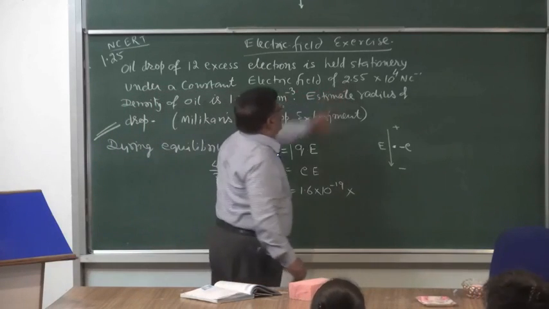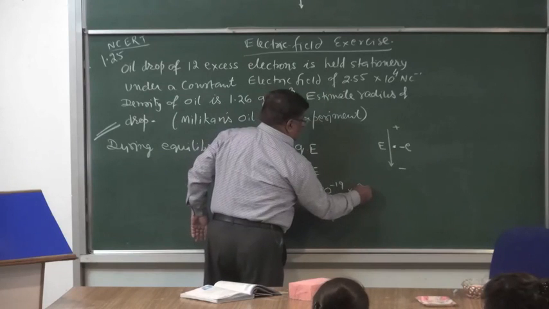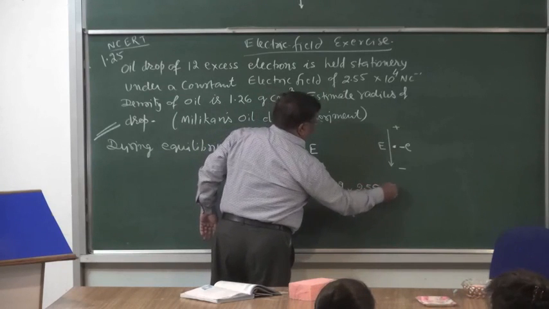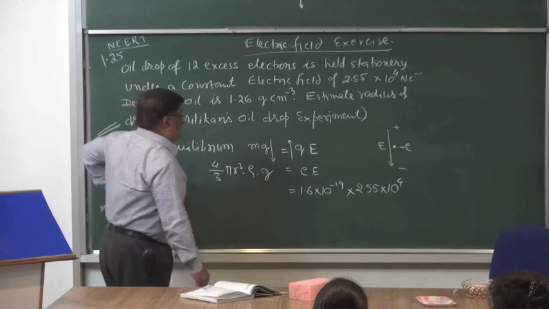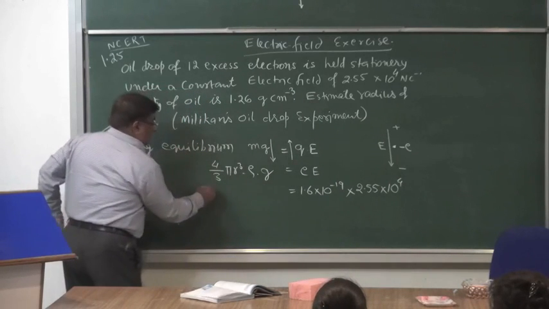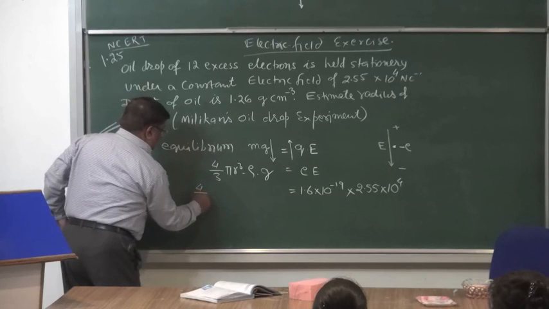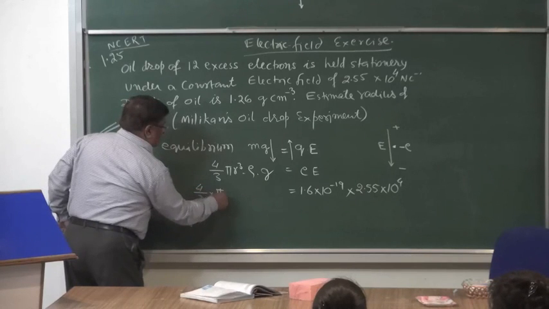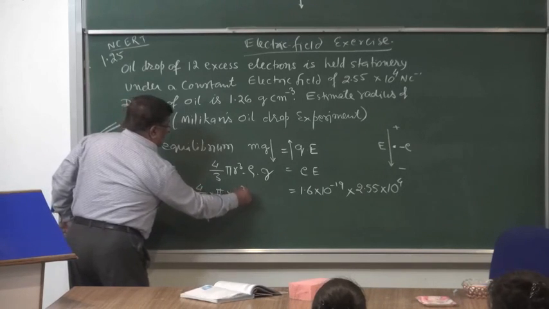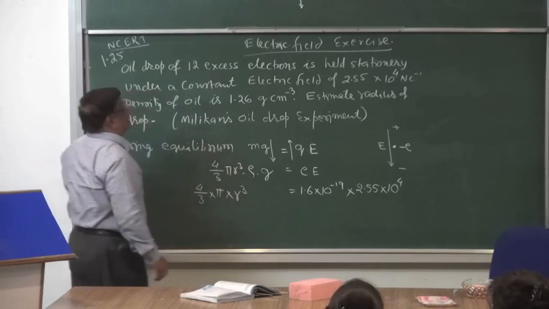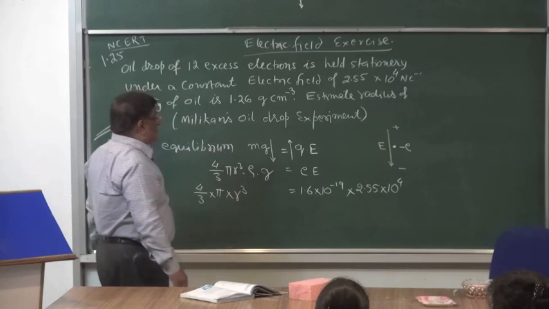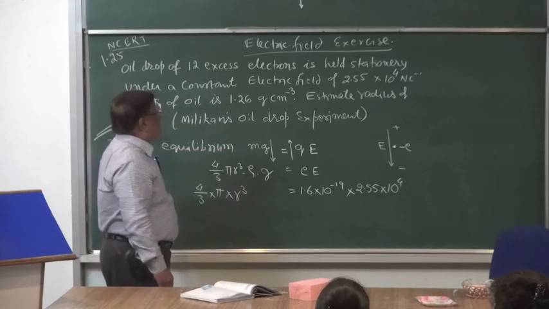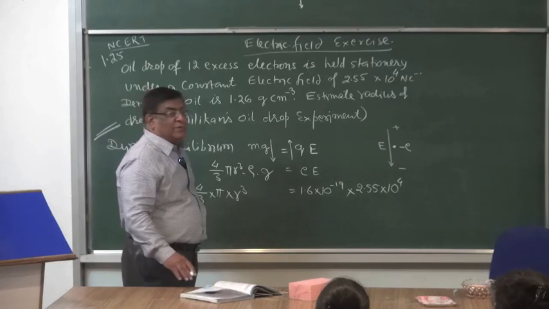And the density is 1.26 gram per centimeter cube.